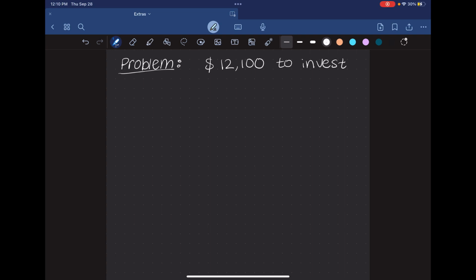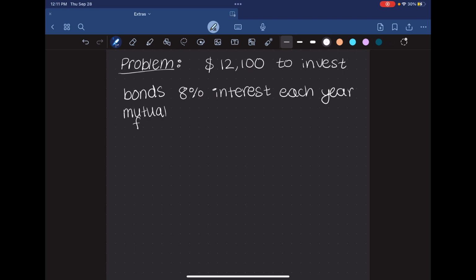Let's say that the bonds have an 8% interest each year. And let's say that the mutual fund has a 9% interest each year.